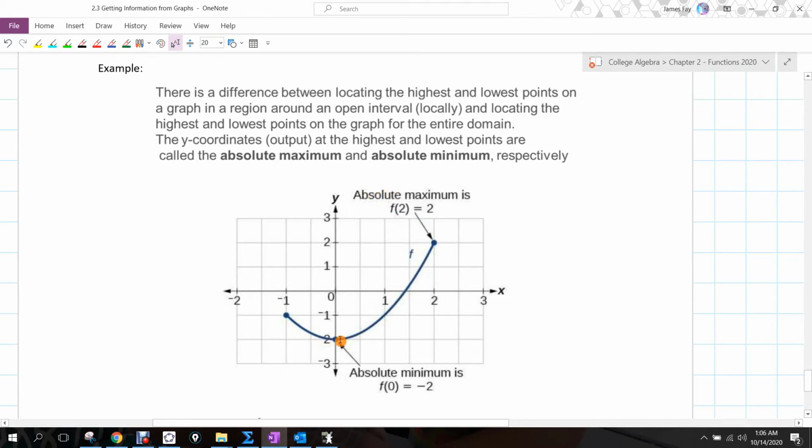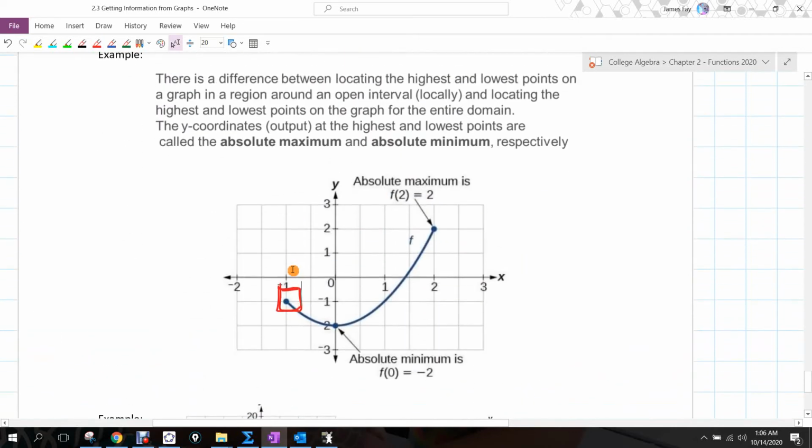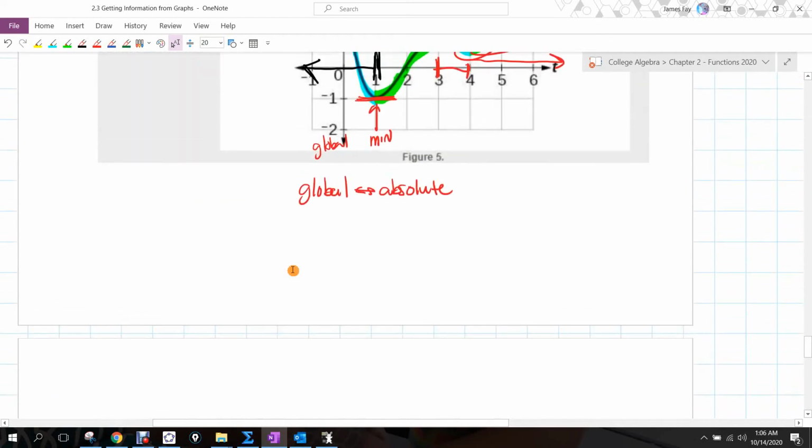Here would be an absolute minimum or global minimum. If I look at this, that is still going to be a maximum. That's the largest y value in that neighborhood, so that'd be a local maximum. So those are things to consider as we start to analyze these points.